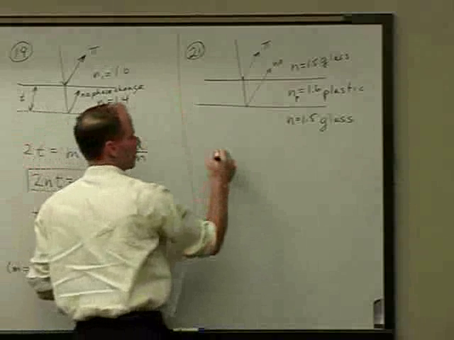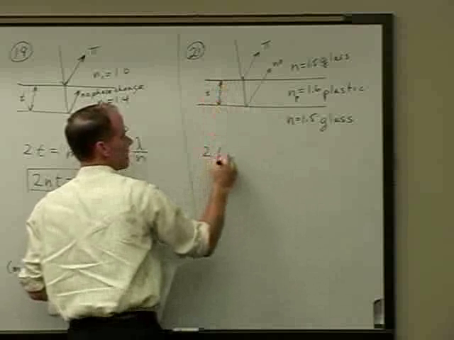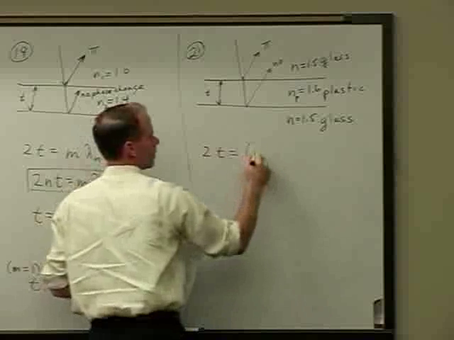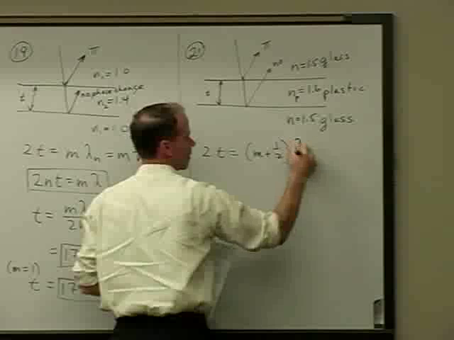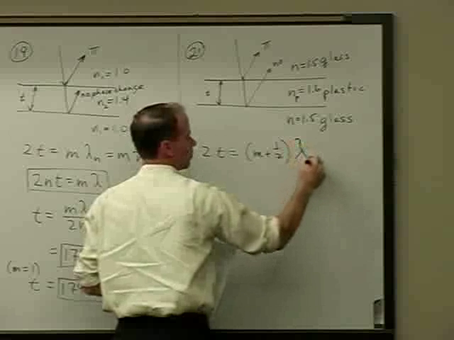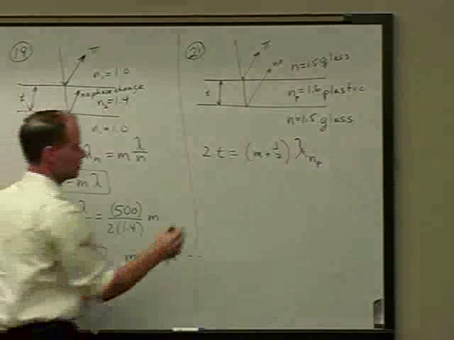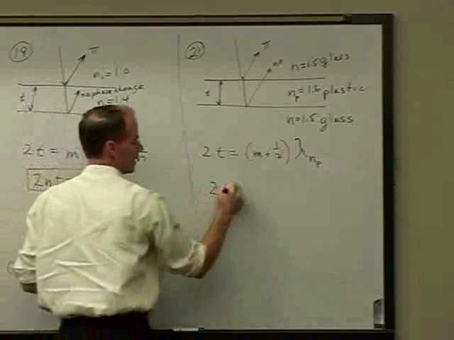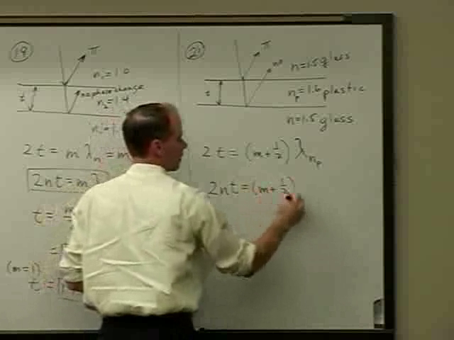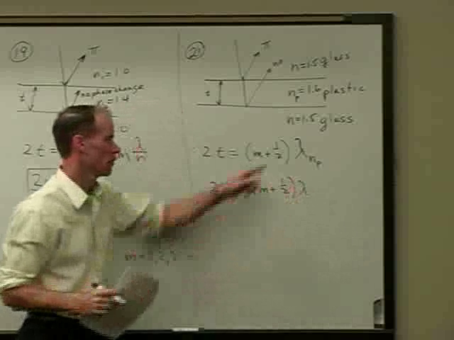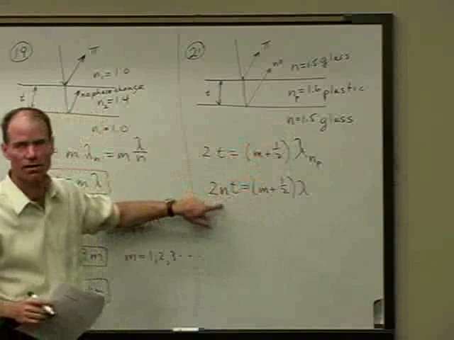So we'd want, if this were the thickness of the film, 2 times that thickness to equal m plus 1 half times the wavelength within the plastic. So that would be 2nt will equal m plus 1 half times wavelength. The wavelength within the plastic would be wavelength divided by n, so I brought n over here.